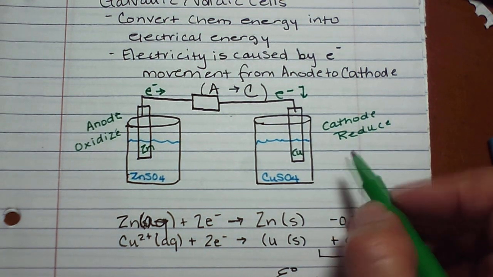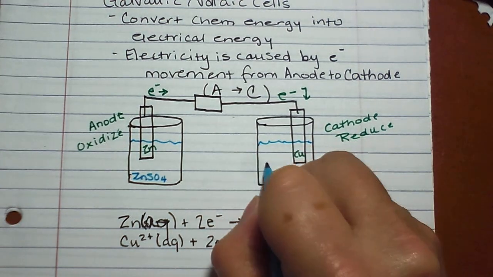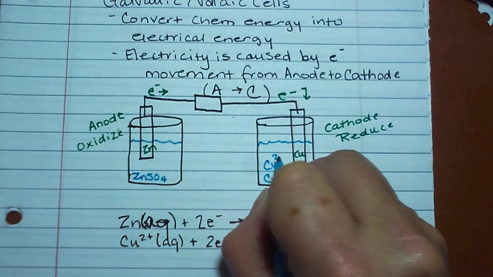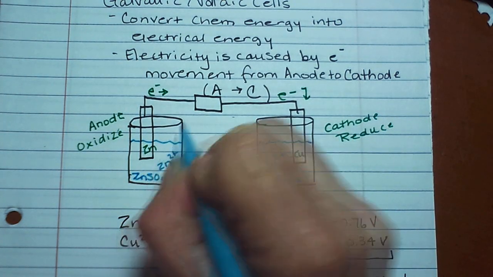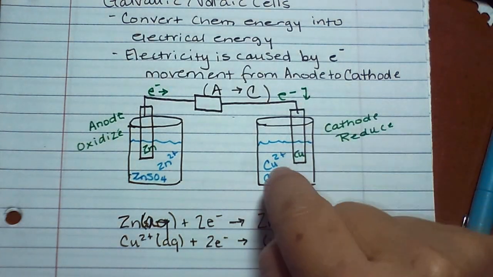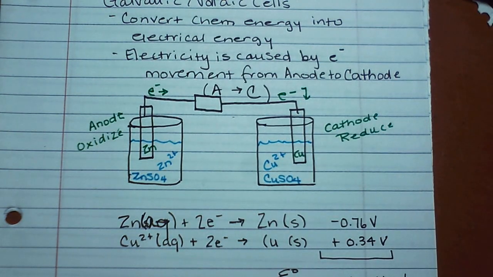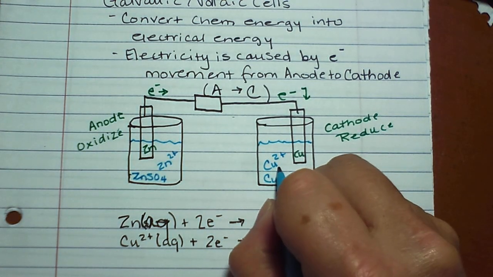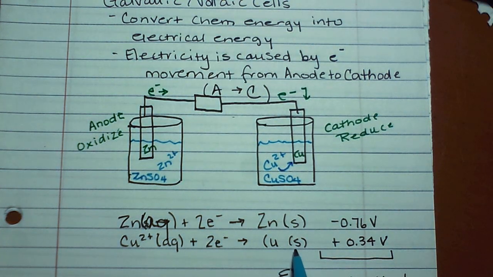All right, which means in this solution, there are all these Cu2 pluses, and in here, there are all these Zn2 pluses. The electrons are being accepted here, and the copper is accepting the electrons and becoming copper solid.